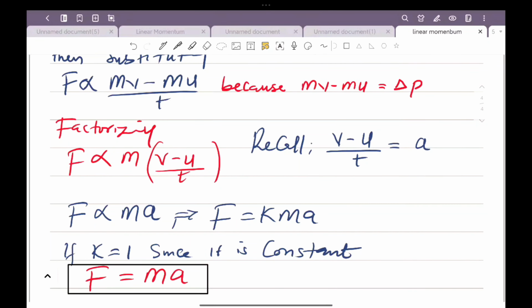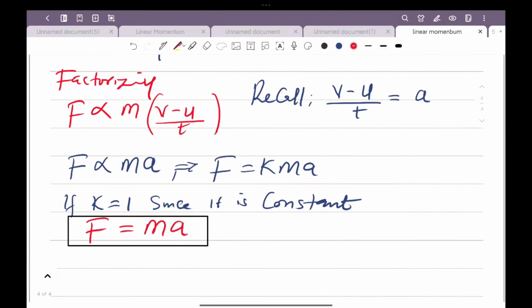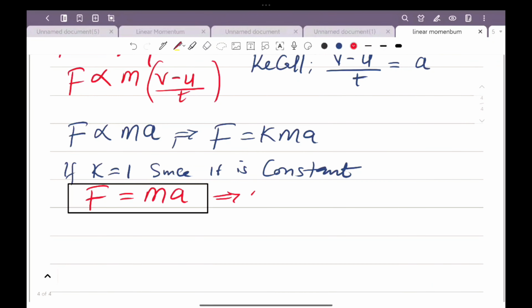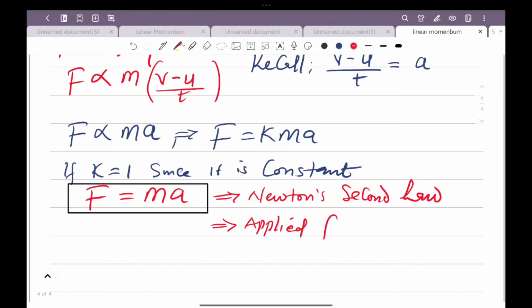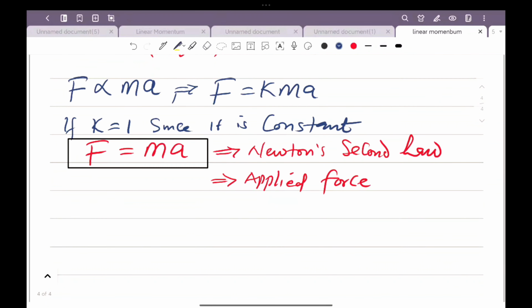This is the formula for applied force, and it is also Newton's second law of motion. Then what's the SI unit? Kilogram meters per second squared. Take note of this. Force is a vector quantity, mass is scalar, acceleration is a vector quantity. Please take note of these.